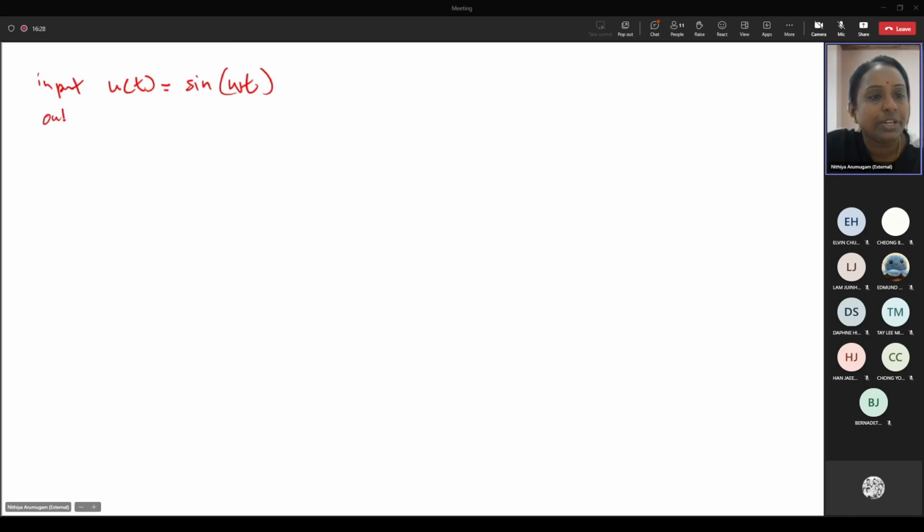And let's say the output is expressed as y equals A sine. Now I have added a new term, amplitude, here, and also an additional phase angle term in this output expression. Okay, so from here I know the gain is basically the A, and that is basically a function of the frequency.